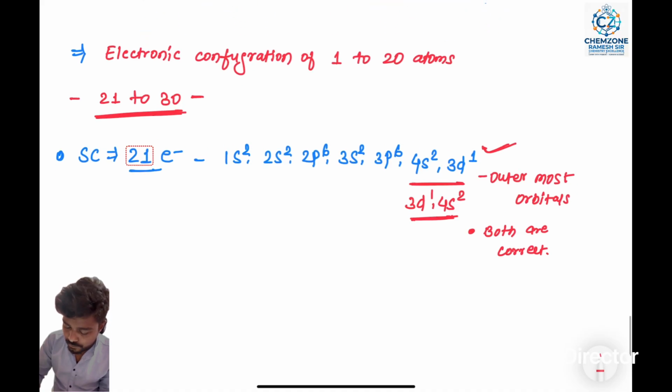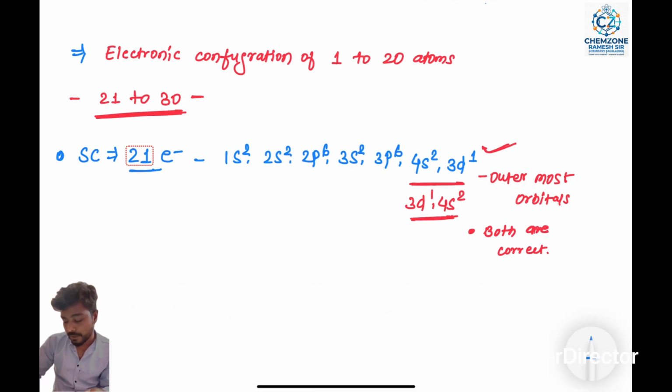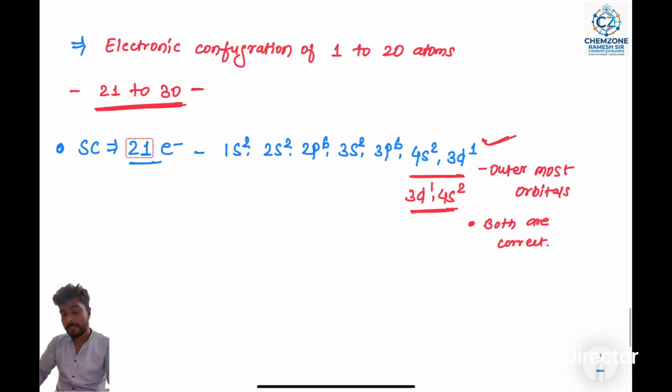So according to you, which electronic configuration should I write?